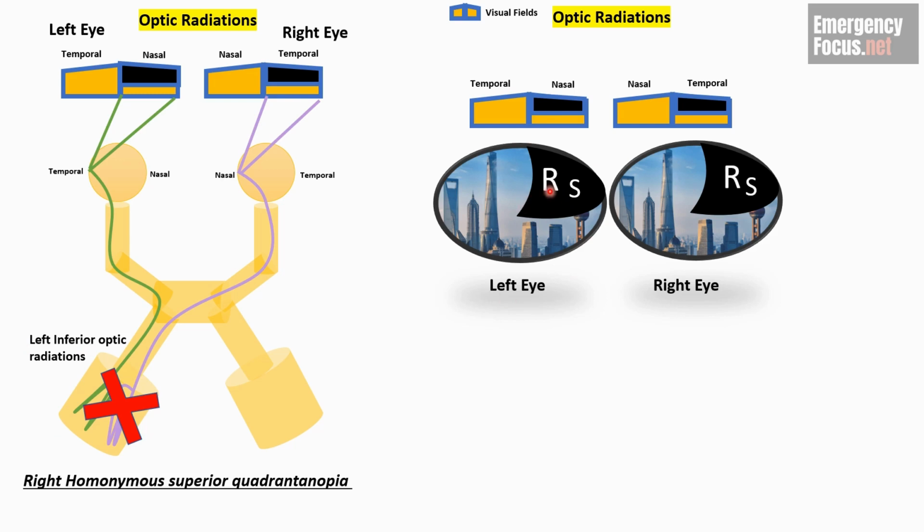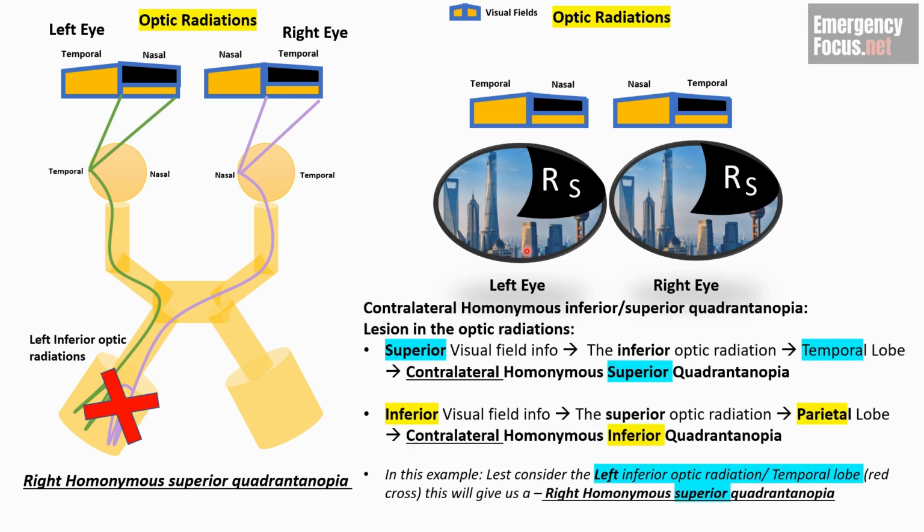So what is the meaning of that? The meaning of that is that the superior visual field information will be transmitted by the inferior optic radiations all the way into the occipital cortex. But these inferior optic radiations go through the temporal lobe. There are so many questions that will ask you if there is a damage in the temporal lobe, what type of visual defect this patient will present, and you have to answer that.